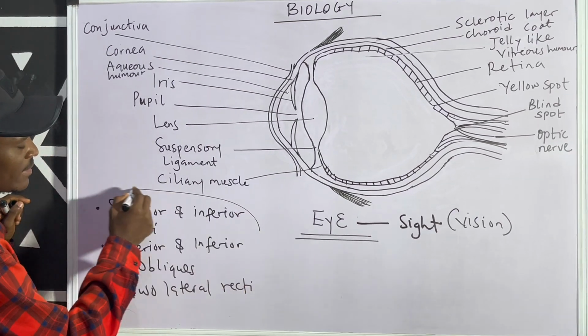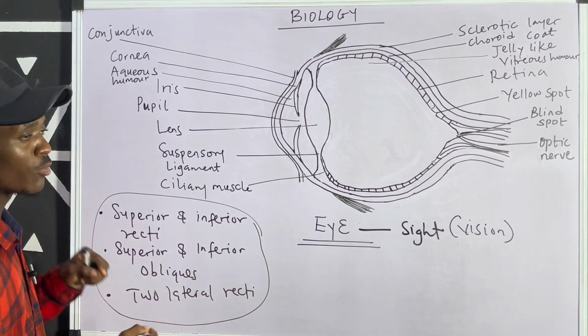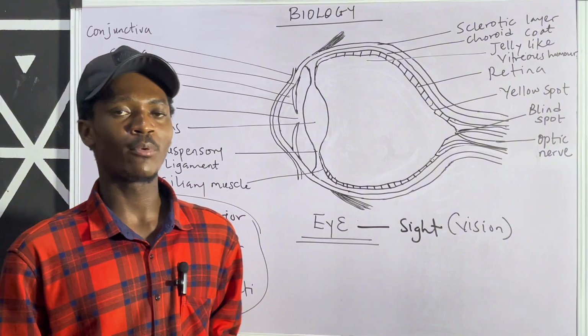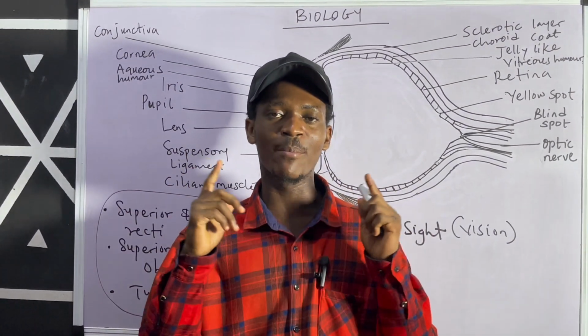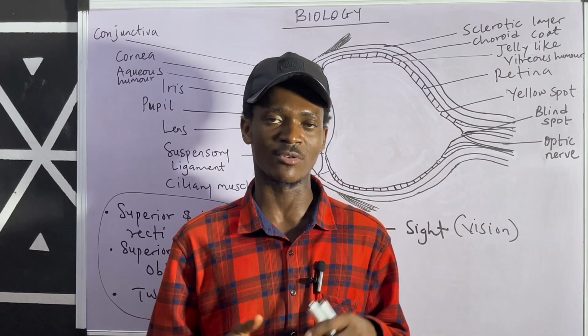So these are the 6 muscles that tend to hold the eyeballs in position, and they allow the movement of the eyeballs in all directions.